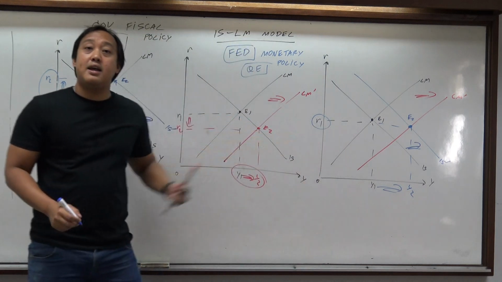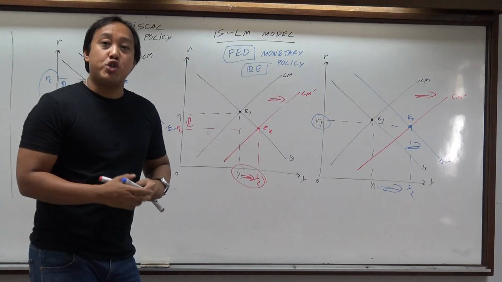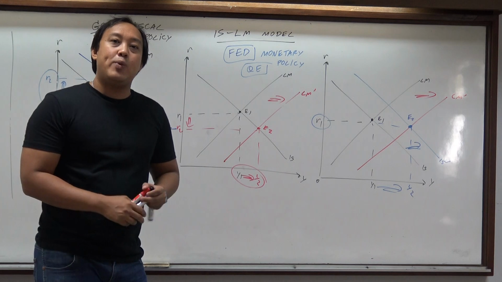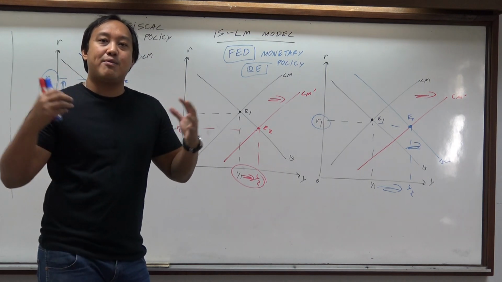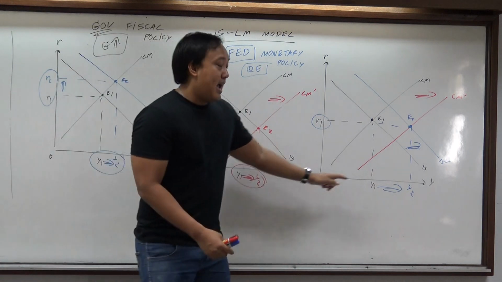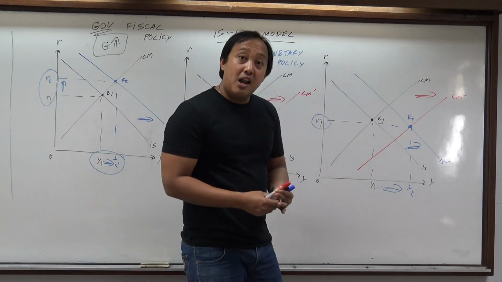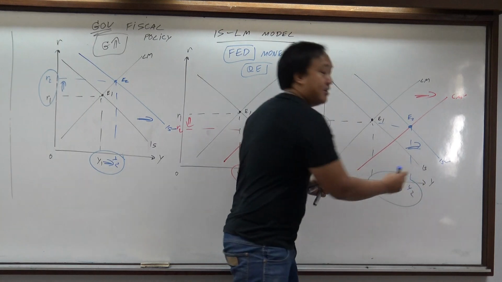Like this, okay? If the government and central bank together stimulate the economy with fiscal policy and monetary policy, two curves are going to shift to the right together, and GDP is going to increase a lot. This is a very big gap.